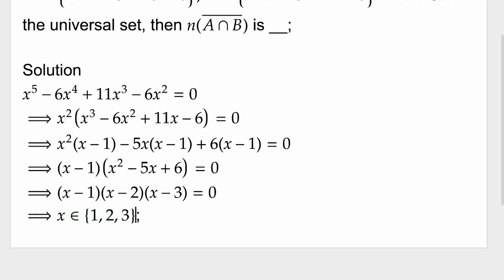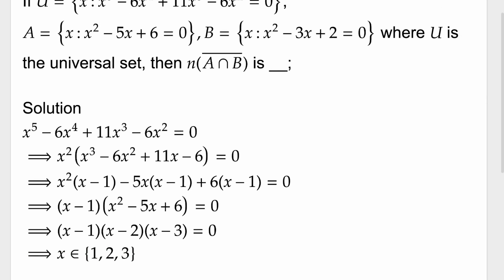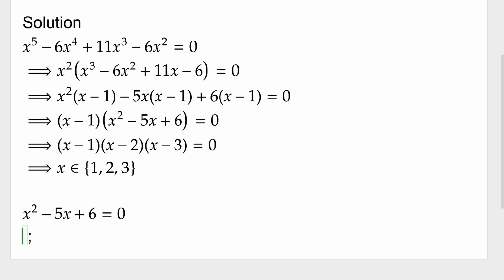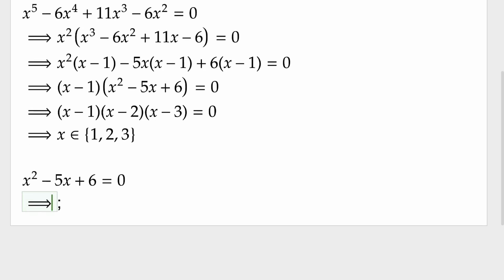In a similar way we need to solve the equation for this particular A as well, and this is something we have already solved. So this can be written as x square minus 5x plus 6, which is something that we have already factored out. So I'll just take this part and substitute over here.